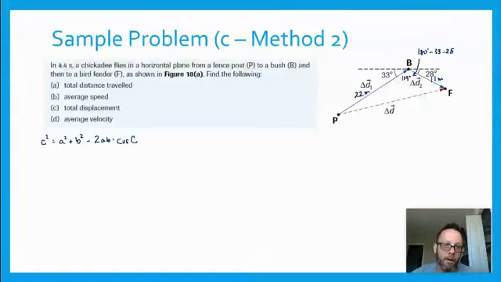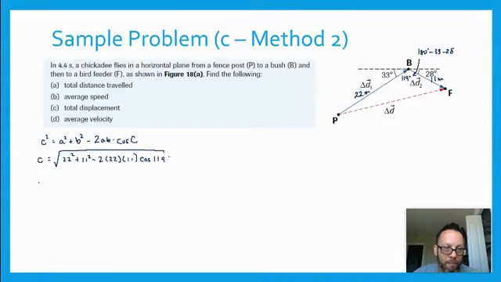So let's do that here. Depending on your comfort level, you might be able to do this in one step. To get c, you eventually have to square root, and we're doing 22 squared plus 11 squared minus 2 times 22 times 11 times the cosine of 119.